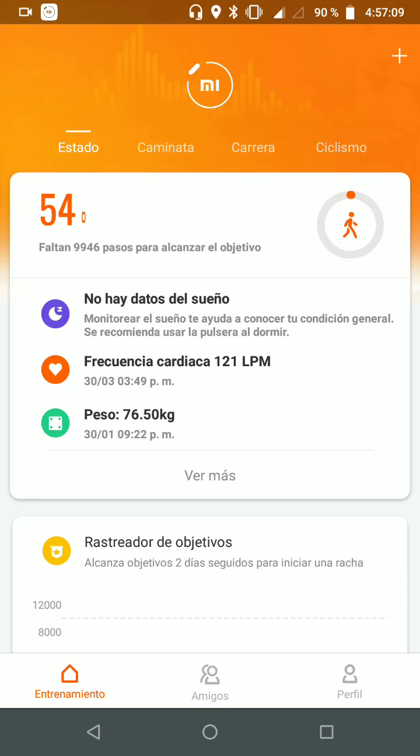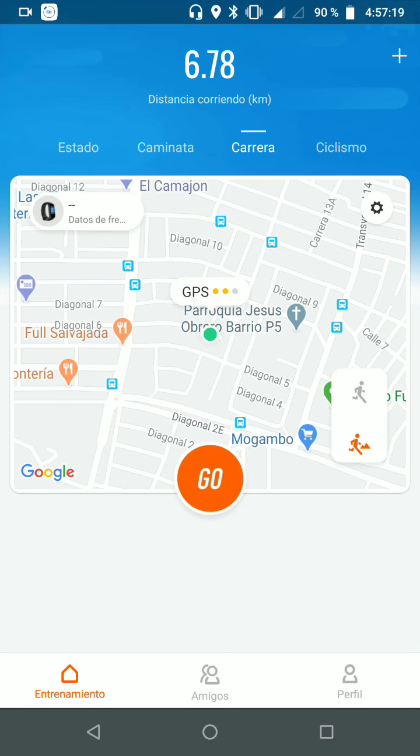Now we will go to the section that appears at the top, such as walking, running, cycling, and so on. These activities mentioned are some of the sports that the person can do in their spare time, and in turn MyFit, in conjunction with the Smart Band 4 and its sensors, is responsible for monitoring the activity done by the person, storing all the information related to calories, uptime, heart rate, among other aspects that are taken into account to know the physical condition of a person.